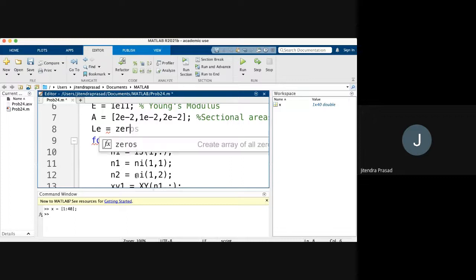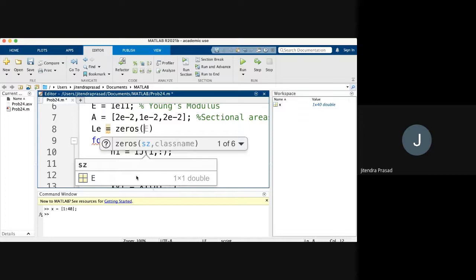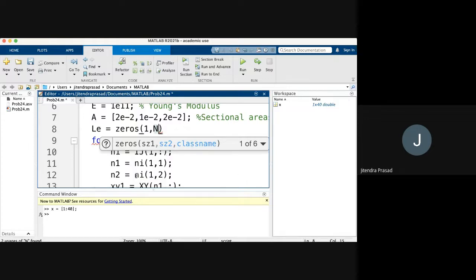You can write it as zeros, and define the size we can give. So how many lengths? There are 3 elements. So the number of rows we want is only 1, and the number of columns we want is equal to the number of elements. So that's it, we can write like that.